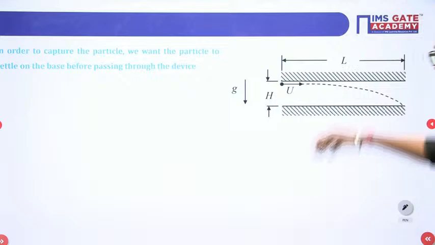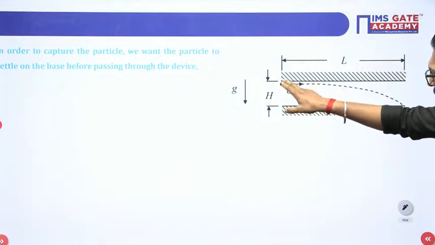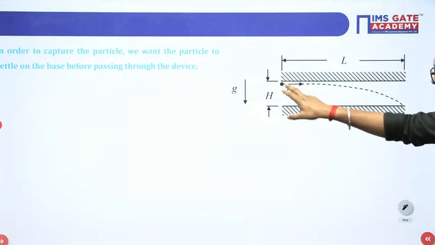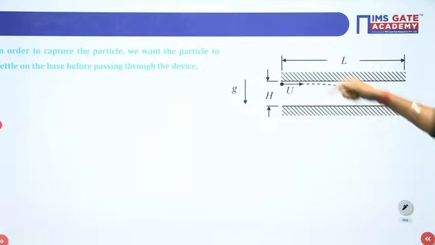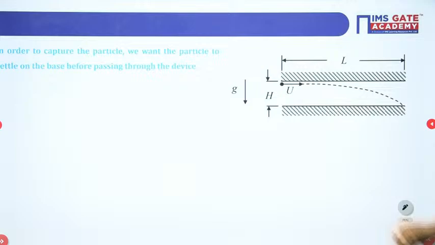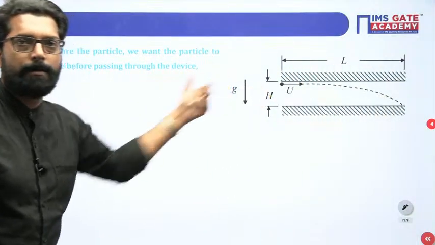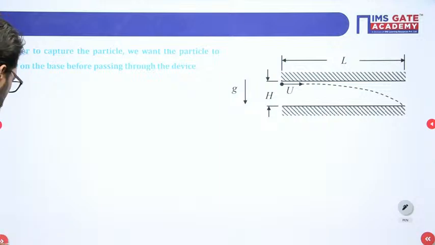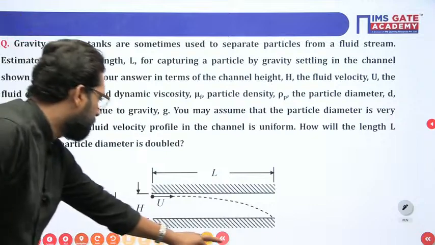That means the settling time must be less than the transit time, so that the particle is settled in this gravity settling tank.